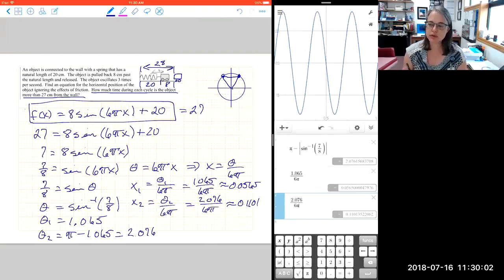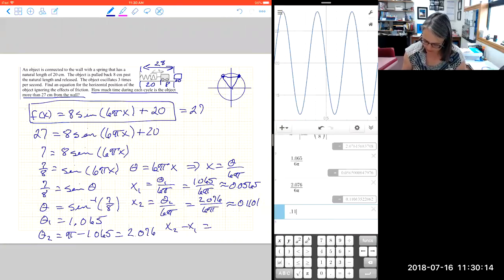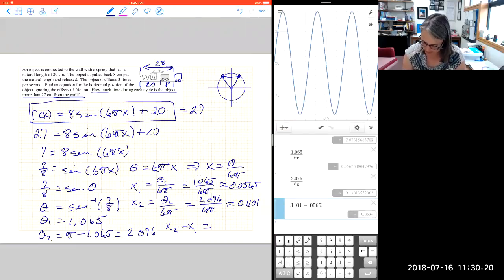Now, those are both seconds because my x's are seconds. So the time between them is just x2 minus x1, which is 0.1101 minus 0.0565, or 0.0536 seconds.